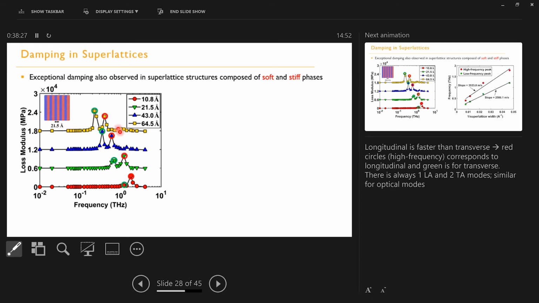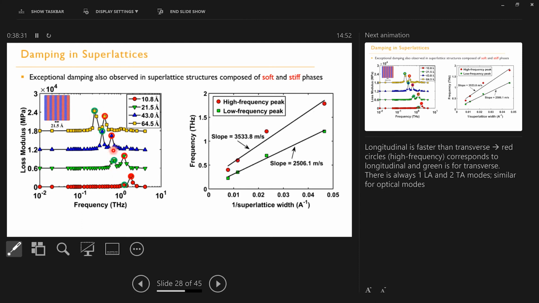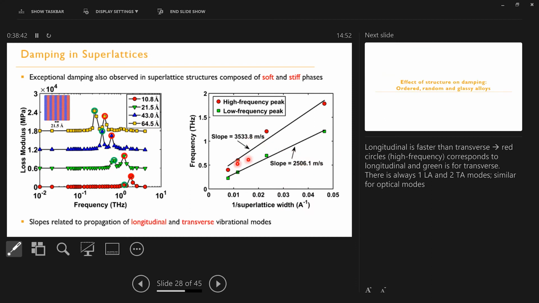So again, if you do a similar analysis, when we take the peak damping frequency and we plot it as a function of inverse simulation cell size, we get two slopes here. Okay, the two slopes are different, and these slopes again, when we verify, they correspond to the longitudinal and transverse vibration modes of this material.